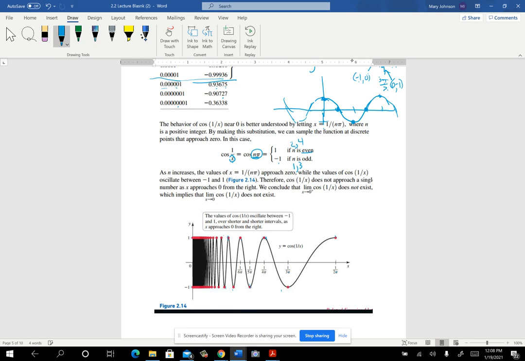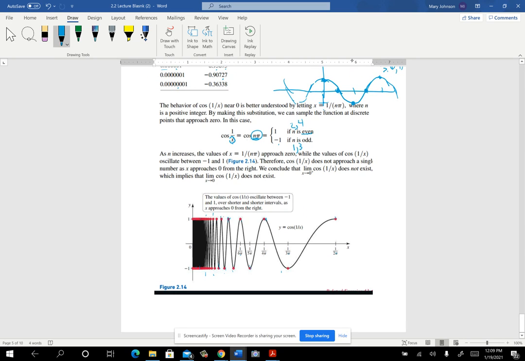And as you make that denominator bigger and bigger, it's getting closer and closer to 0. But as it goes, it's jumping from positive to negative, positive, negative. And so the limit approaching 0 from the positive side doesn't exist because it's jumping from 1 to -1.